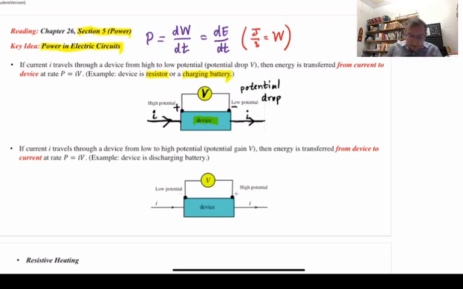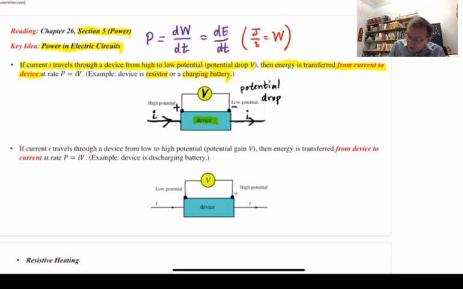Now, this formula that I have gives me one other important fact. Let's read this bulleted statement. If we have current I traveling through a device from high to low potential, and so we have a potential drop by some amount V, then energy is transferred from the current to the device.